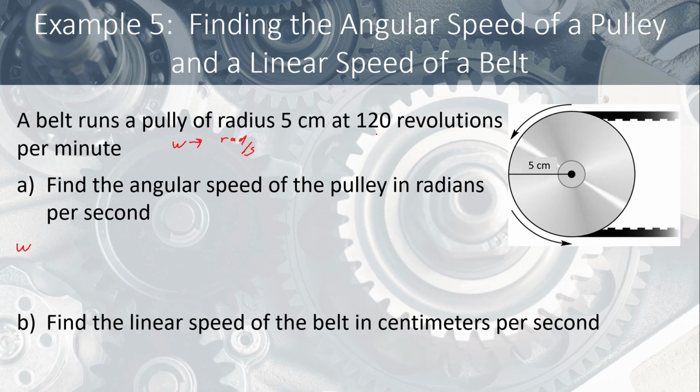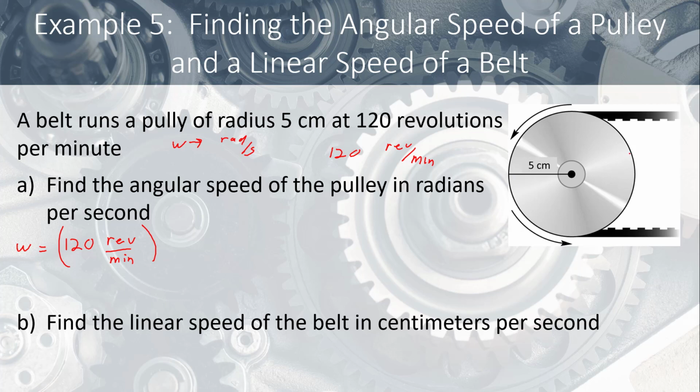Right now we have 120 revolutions per minute. So we need to go from revolutions per minute to radians per second. So let's do a little unit analysis and do that. So we're going to start off with 120 revolutions per minute. We know that there are 2 pi radians in 1 revolution.